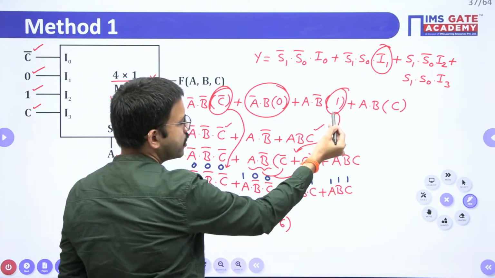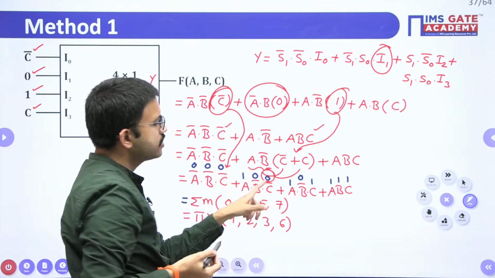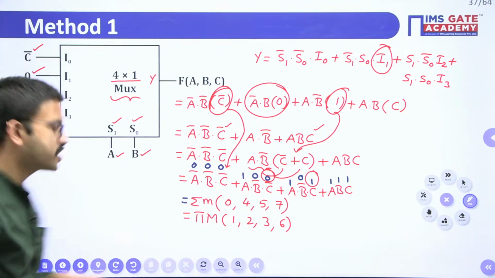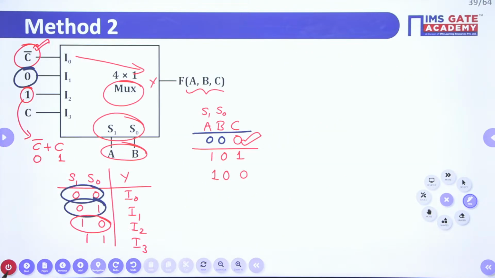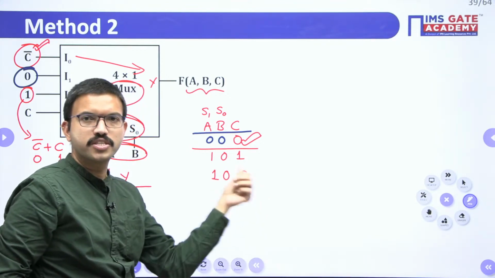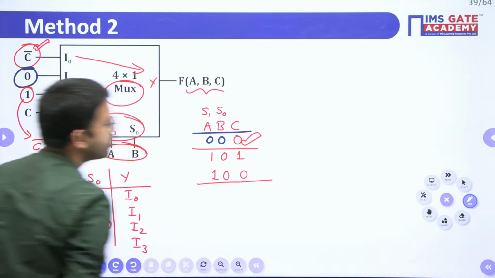But here you are having constant 1, which I have written as C bar plus C. So from there you are getting the C value 0 as one combination and the C value 1 as another combination, right? So this is very, very important. In general, students will consider one combination, but you have to consider one more combination. There is a difference. If you are having any confusion, now you will get the clarity.